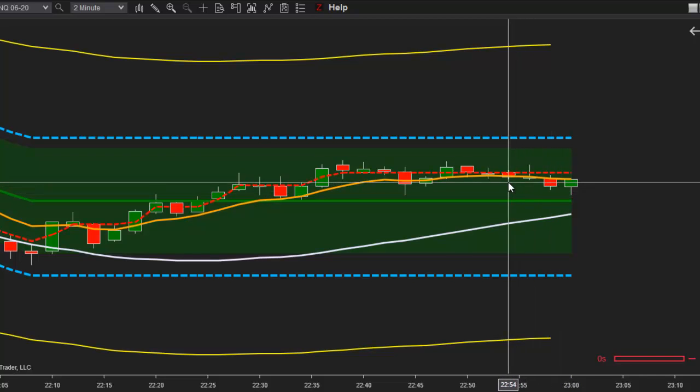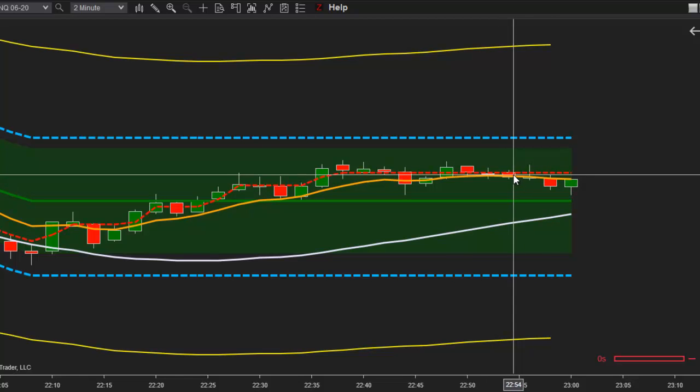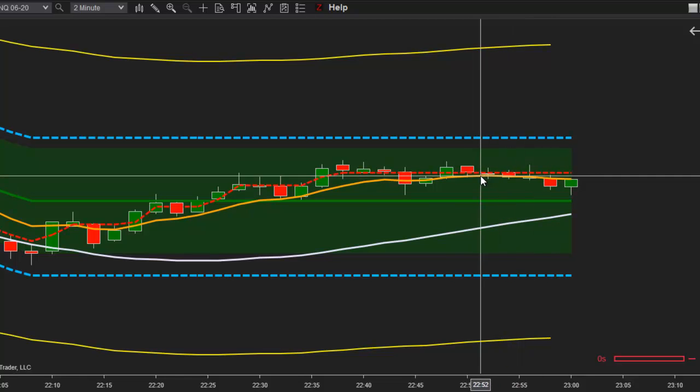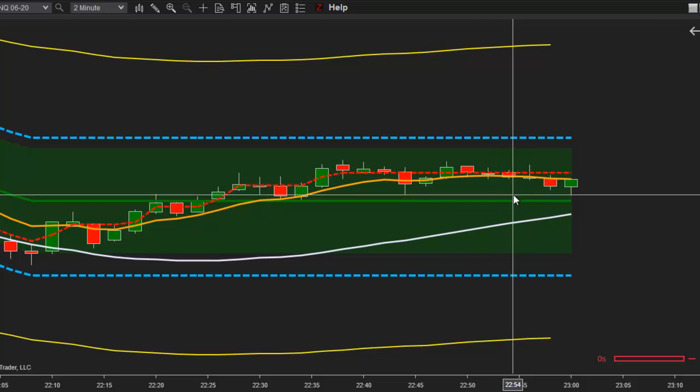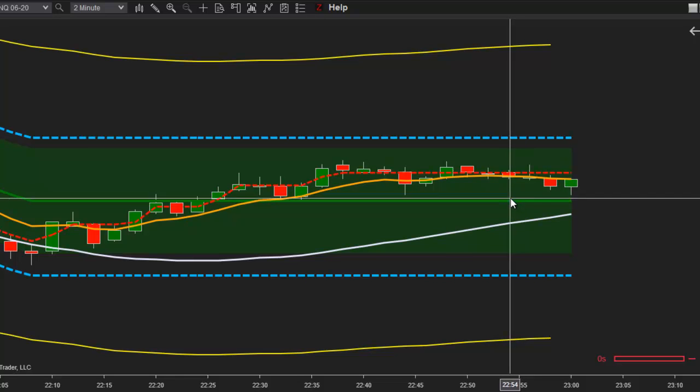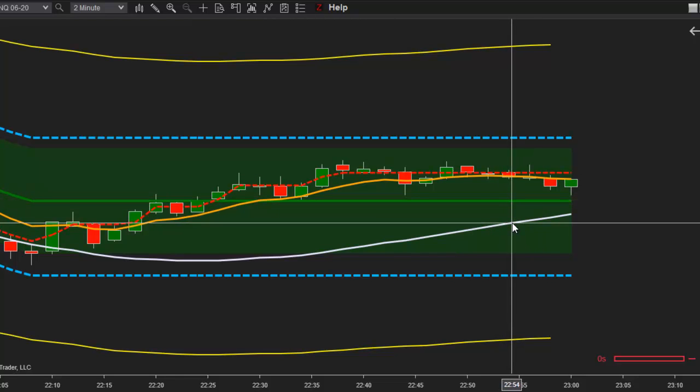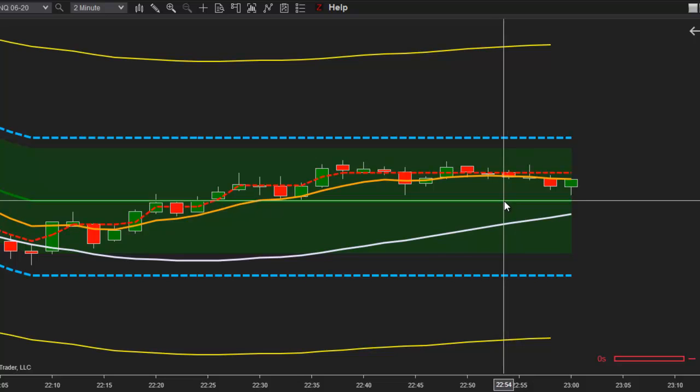So would I buy here? It's too close, it's too much risk. I want some pullback, a little bit bigger pullback. So say there's a middle, this bar was coming down and it's only 1 minute into its life, touching the middle line. I would buy it here, knowing that it can go even further down. But this looks like a good spot.